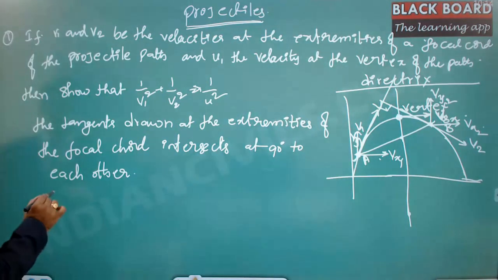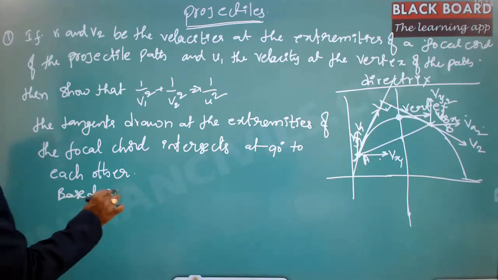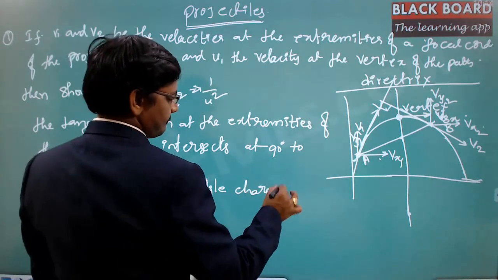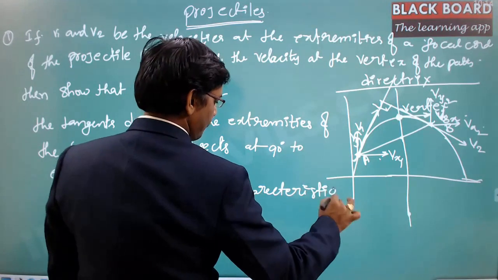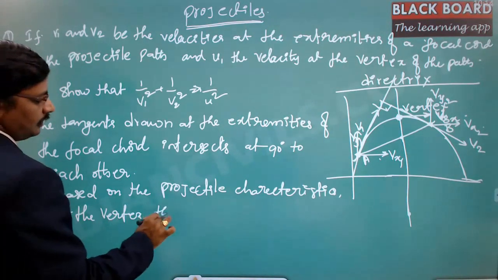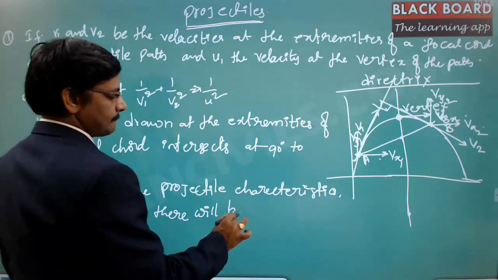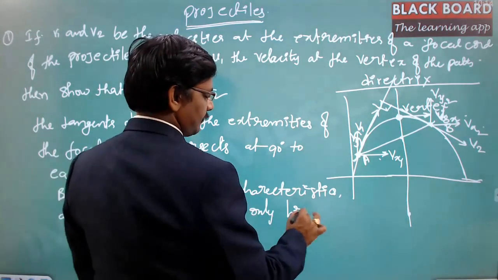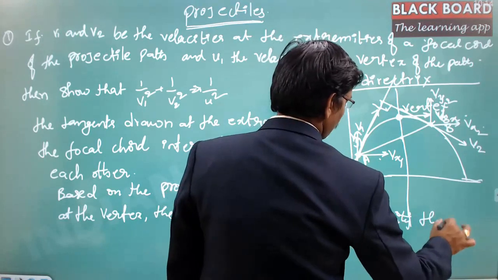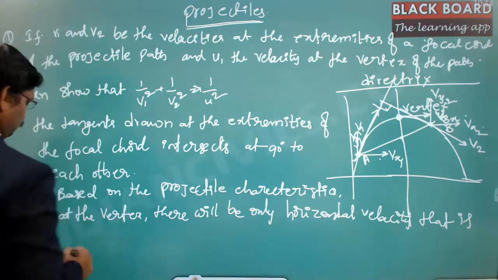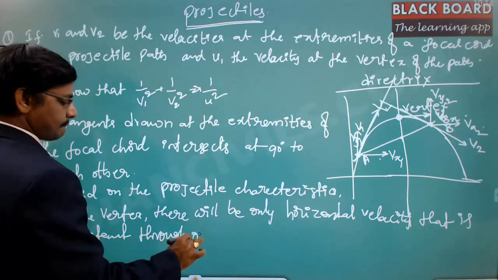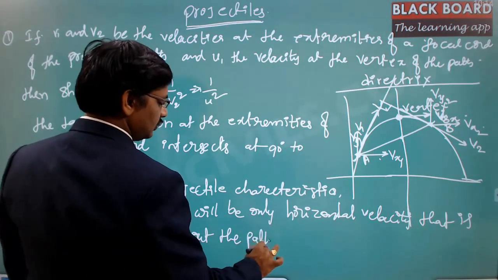So based on the projectile characteristics, at the vertex there will be only horizontal velocity, and that is constant throughout the path.